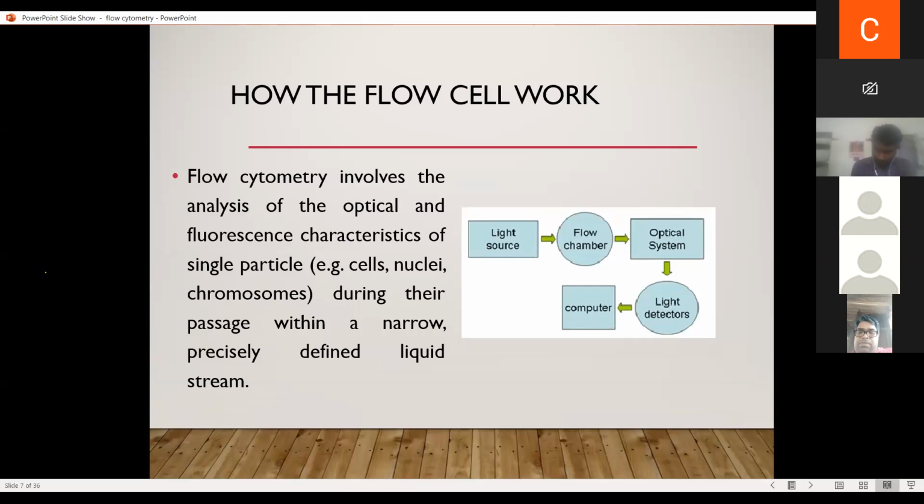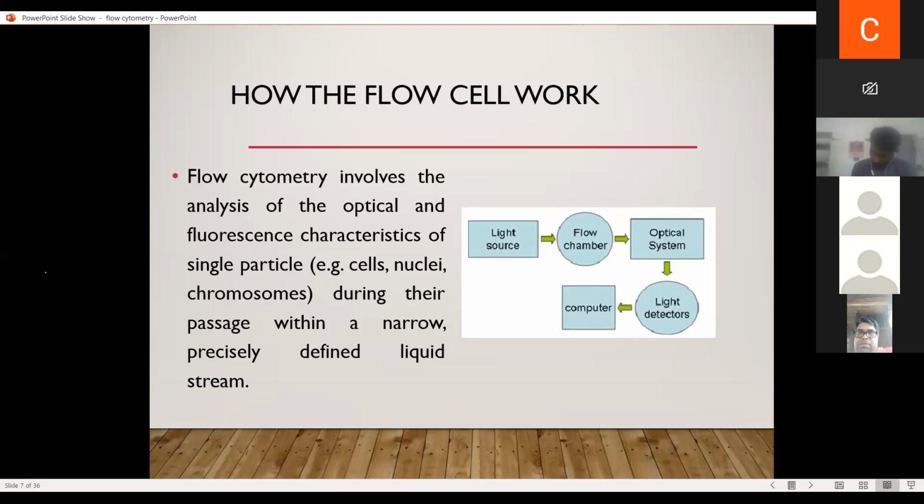How the flow cytometer works: here is a light source, and here is a flow chamber. The light source gives a monochromatic laser light. From the flow chamber we get our sample fluid, the sample of cells which we want to analyze. The optical system has detectors and dichroic lenses which reflect and refract the light.